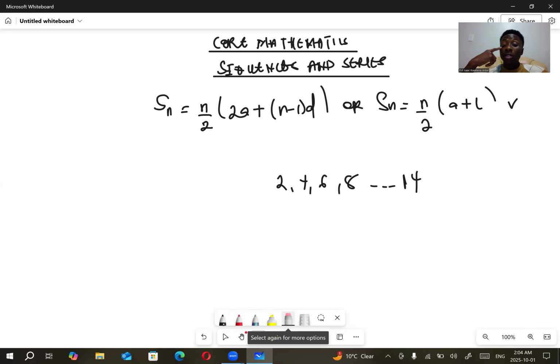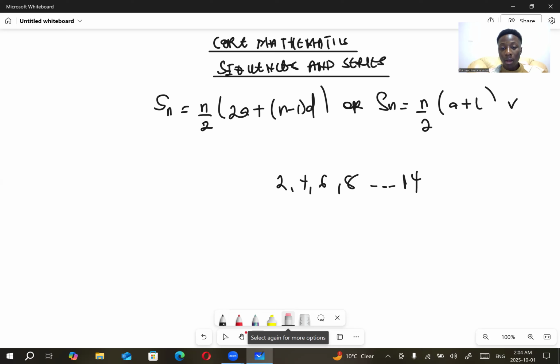This sequence has an end. But assuming we have a sequence with 100 terms, and I ask you to find the sum of the first 99 terms, that becomes a lot of work, right? That means reproducing all the terms and then adding them up. That is when the formula comes in.